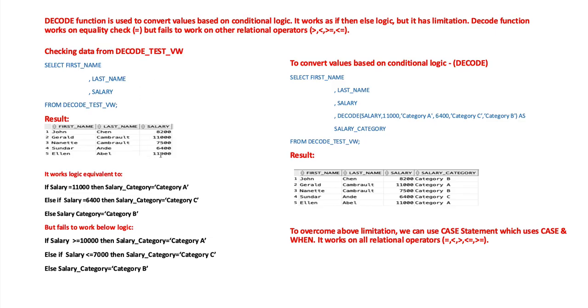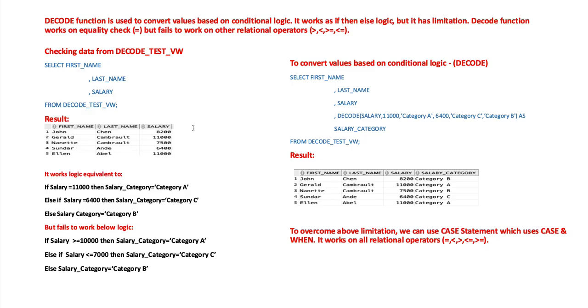In case of salary column, we can easily observe maximum salary is 11,000, minimum salary 6,400, and other two salaries are intermediate salary, which are 8,200 and 7,500. Suppose I am going to create a report which includes 4 columns.